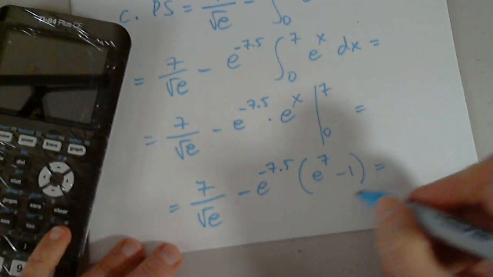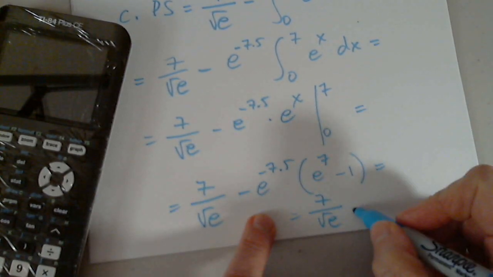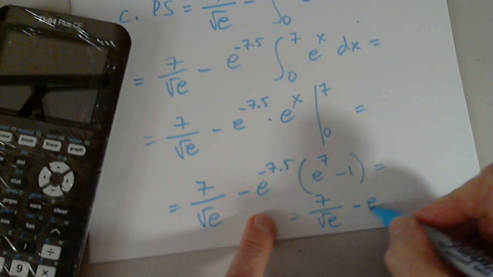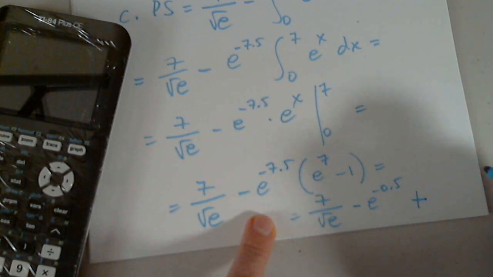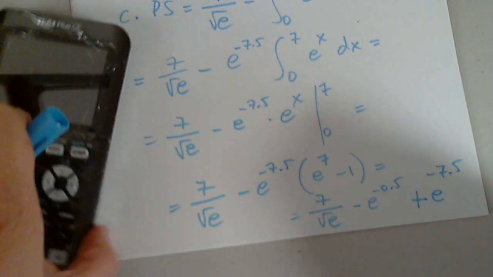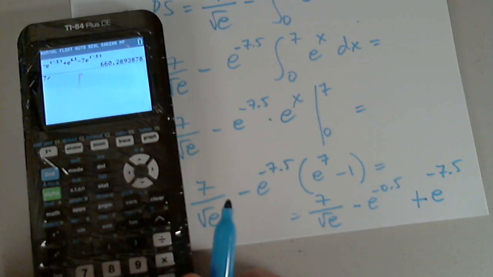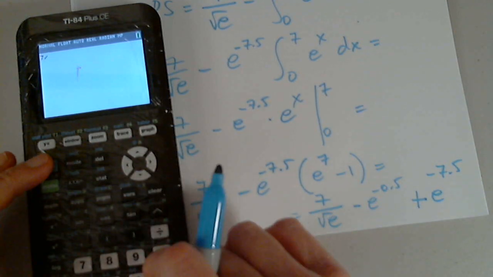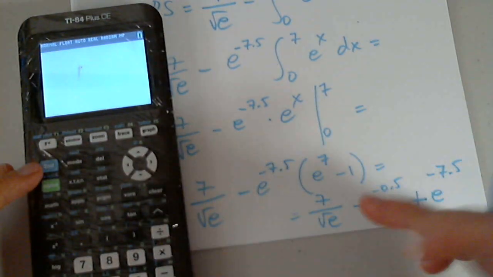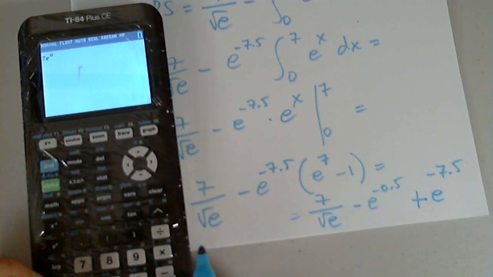And let's see what we get with this. Maybe I can simplify it further. 7 over the square root of e. When I multiply here, I get e to negative 0.5. And when I multiply here, I get positive e to negative 7.5. Let me just change it now: 7 multiplied by e to negative 0.5.